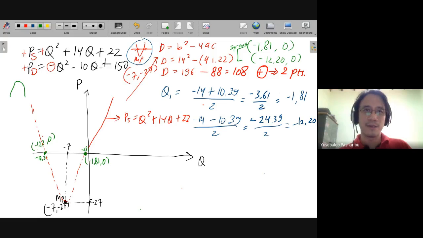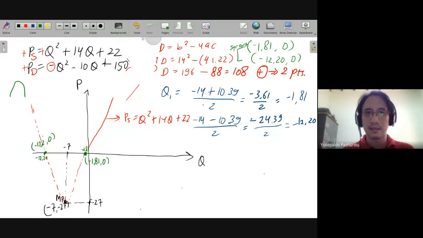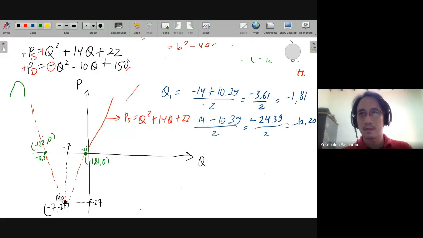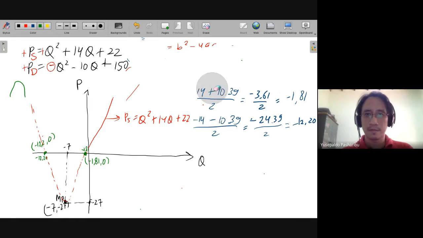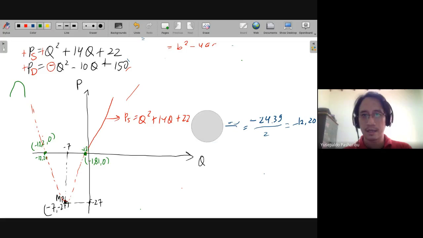And then for the D, check the D. Maybe try to finish one of these parts, D. Just a bigger eraser.